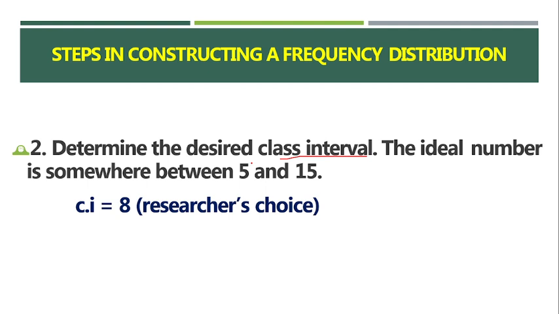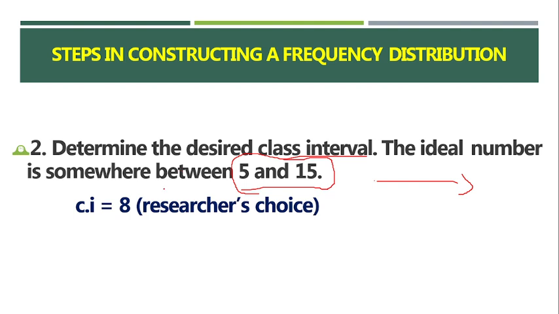For example, you have 1 to 100 persons. There is an ideal range of numbers for how many class intervals. The ideal number is between 5 and 15. So you can choose 5 class intervals, 6, 7, 8, 9, 10, or 15.